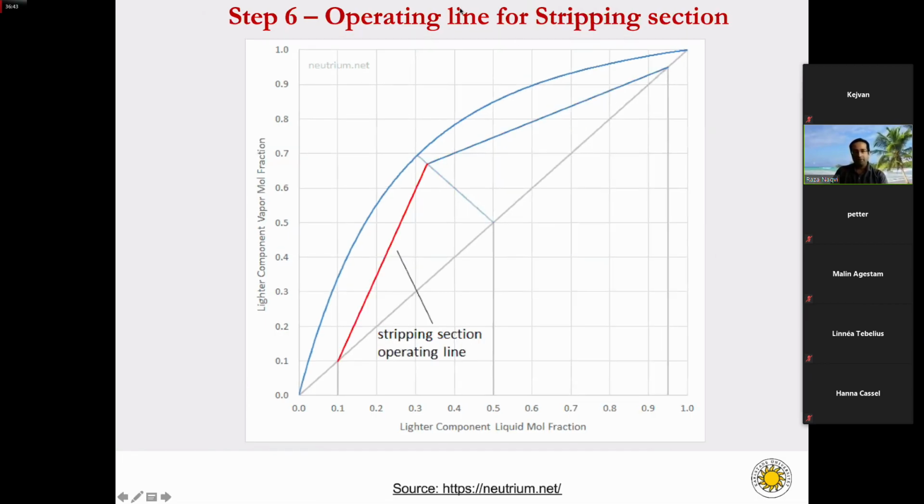And for the stripping section, the point of intersection of the operating line of the rectifying section with the feed line, we take that point and we just join it to XB. You can calculate the slope of the stripping section as well, but it's much easier to join from the feed line to XB, right?